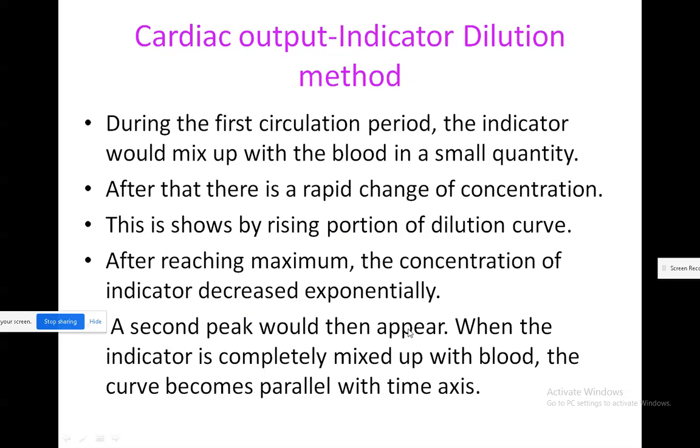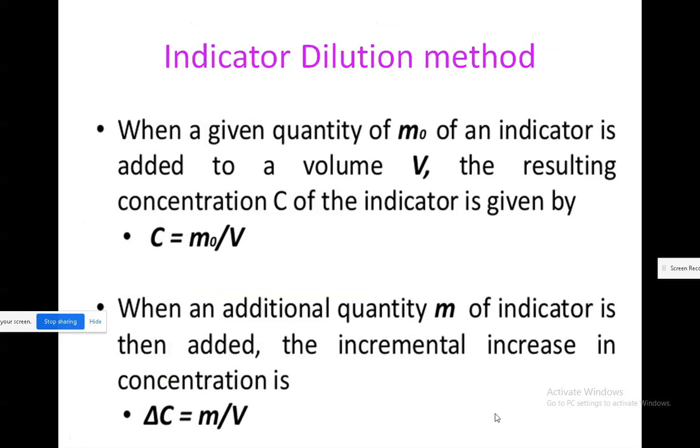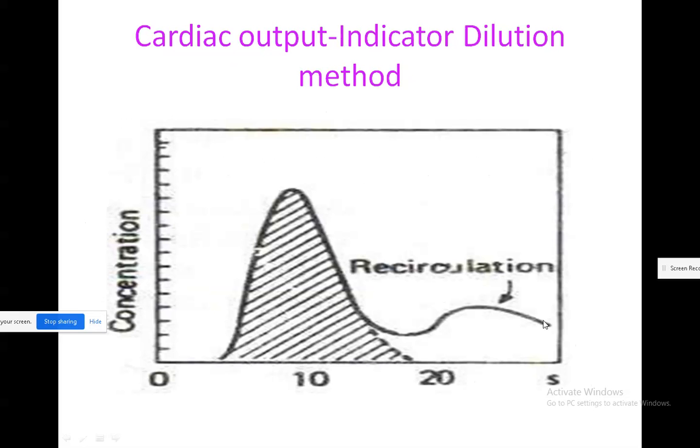A second peak would then appear when the indicator is completely mixed up with the blood. Now the indicator mixes completely with the blood, then the curve will become parallel to the time axis. After the second peak, your curve goes parallel to your time axis.